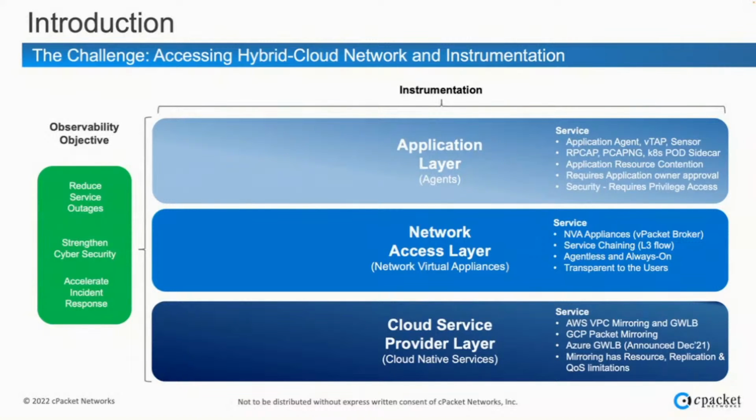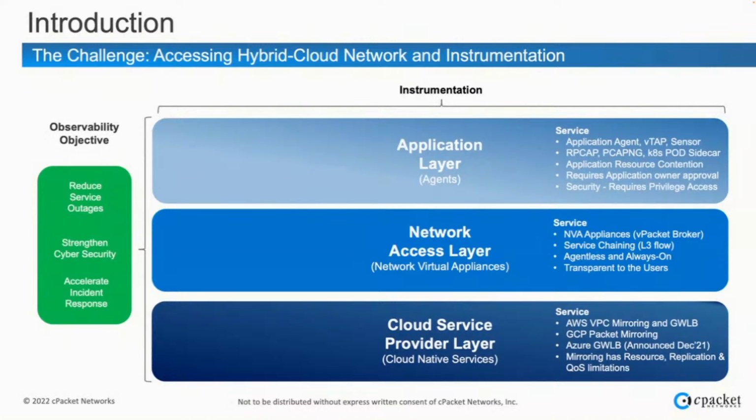So they don't even know that the traffic is being replicated and stored away, or there's no visibility from the users or the application owners. And so we're going to be focused in this area as I go through to the solution and what we can do at CPAC.